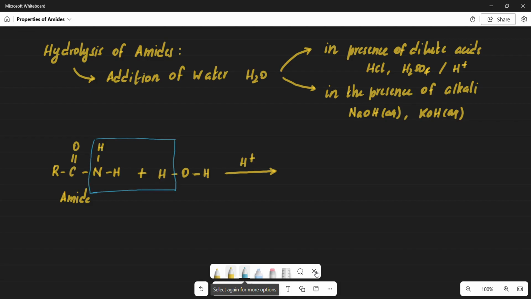So what we are going to get is ammonia and the remaining is R C double bond O OH. So I am getting a carboxylic acid and ammonia.